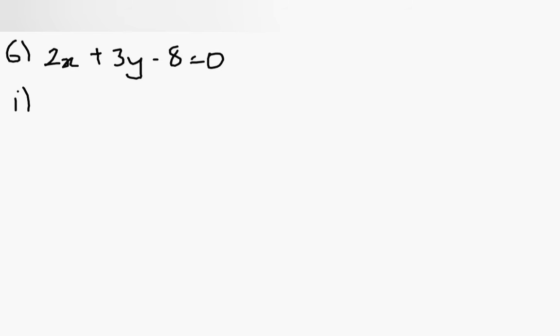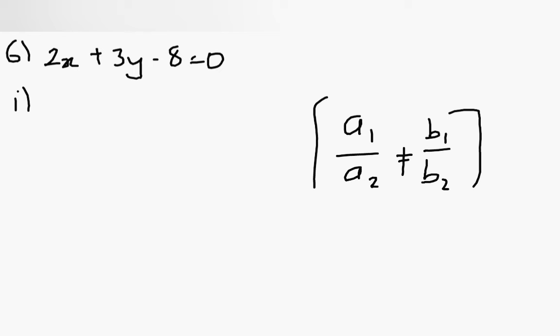So the first one is we have to find the intersecting lines. Since it is intersecting lines, their a1 upon a2 will not be equal to b1 upon b2. We know this part. So we take an equation such as 4x plus 9y plus 10 is equal to 0.